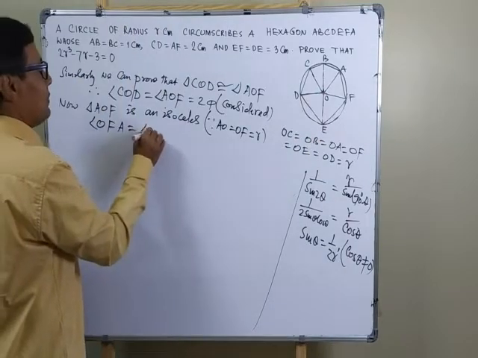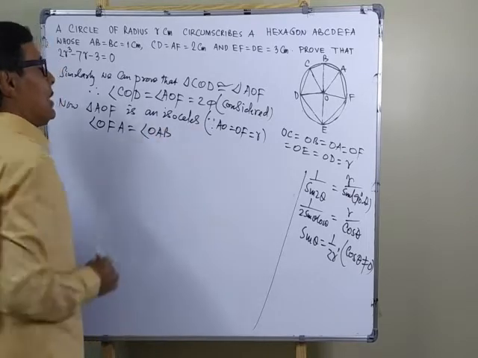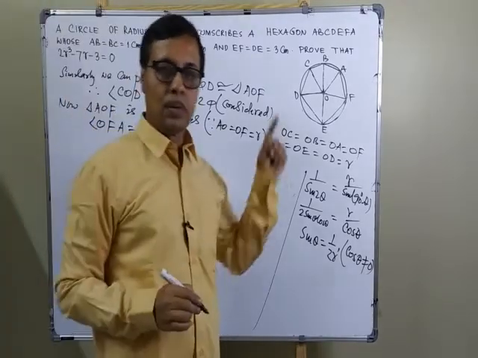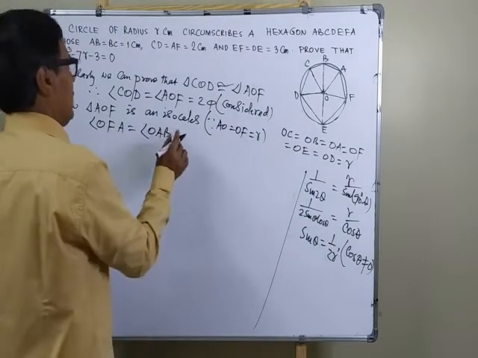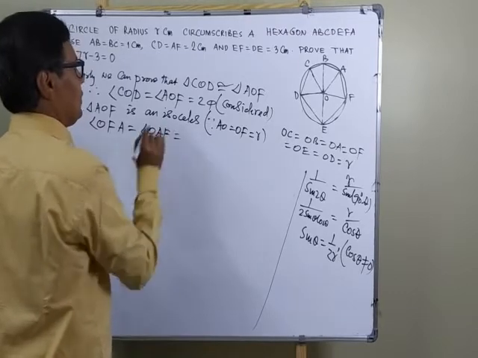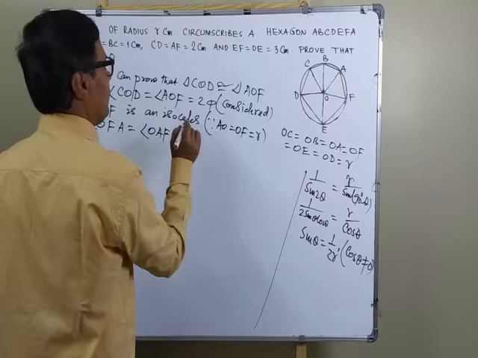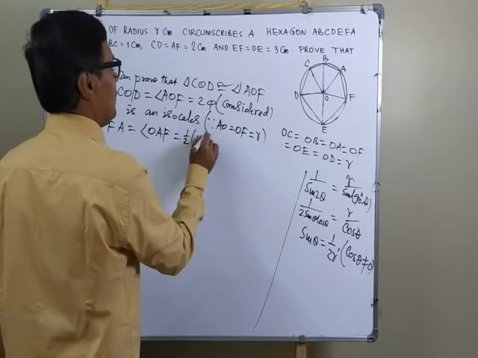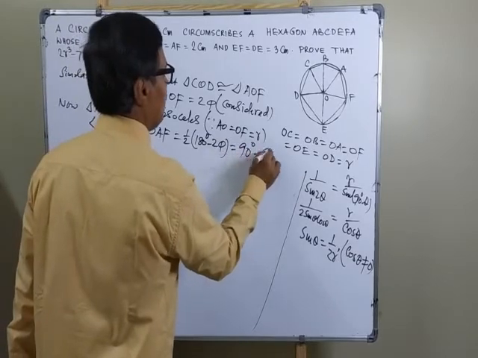These are equal, as these two sides are equal. Each of them is equal to half of 180 degrees minus 2 phi, which is 90 degrees minus phi.